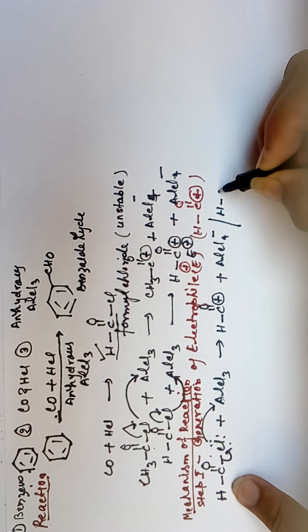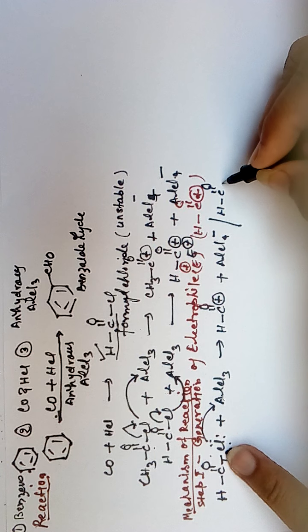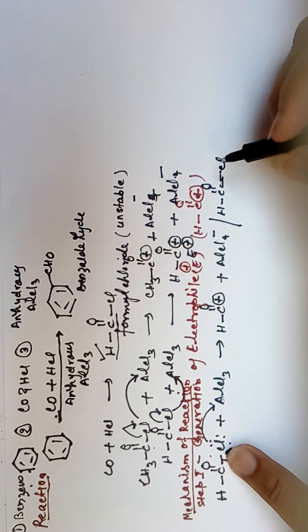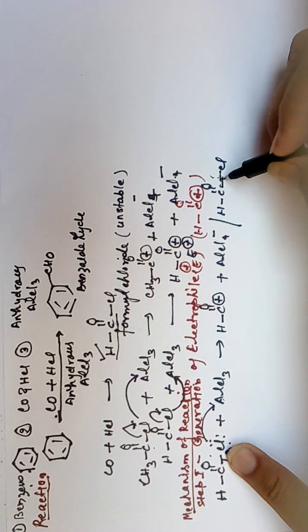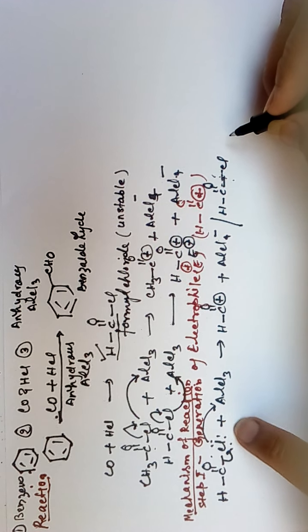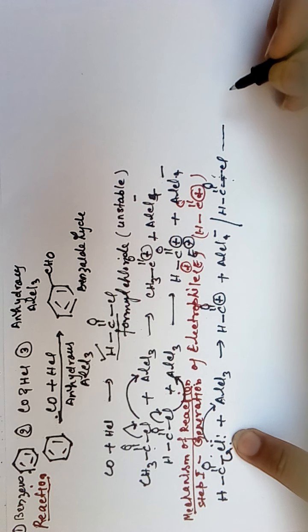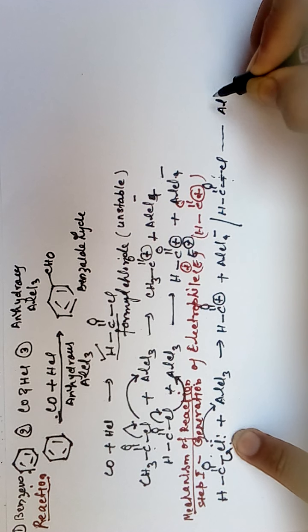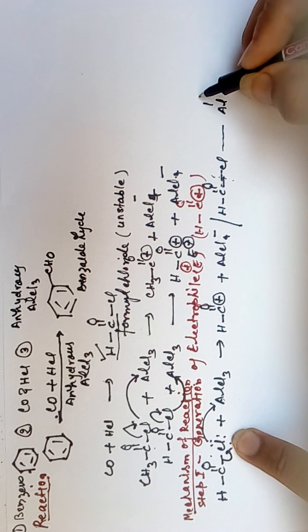Look, in C double bond O and Cl, the bond between C and Cl breaks slowly, and the bond between Al and Cl is formed slowly. Here we can write AlCl3 like this.